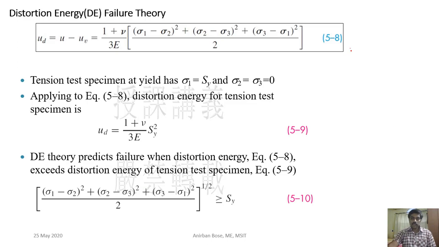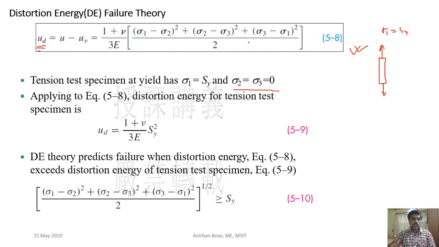So this, equation 5.8, is the expression of the distortion strain energy. Once you know the general expression for sigma 1, sigma 2, sigma 3 as the principal stresses, you can easily find the distortion strain energy for any stress situation. For a simple tension test, sigma 1 is equal to Sy, and sigma 2 and sigma 3 are both 0.